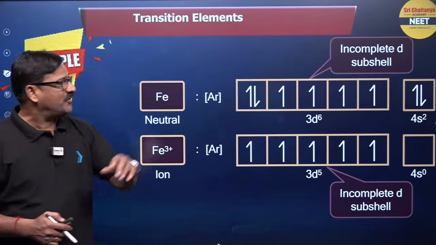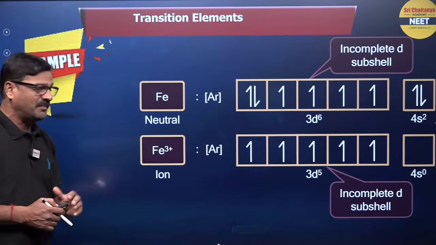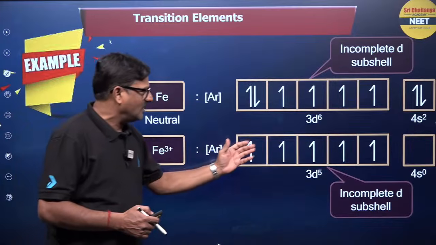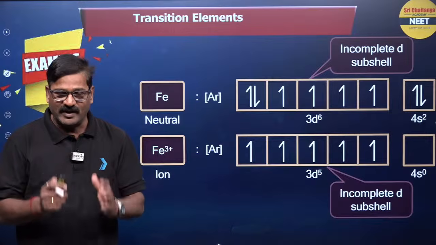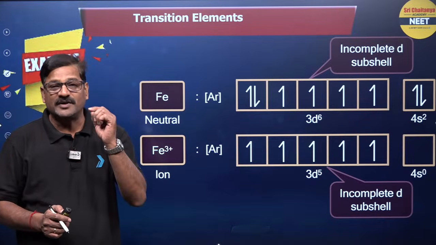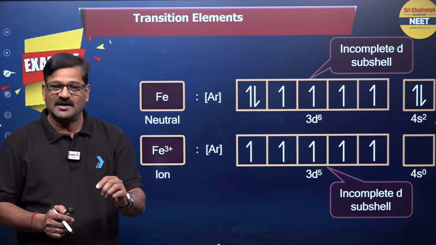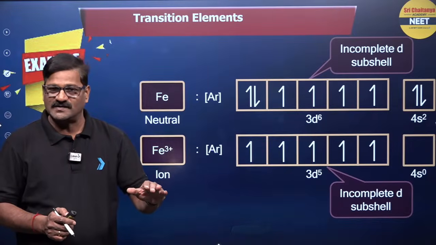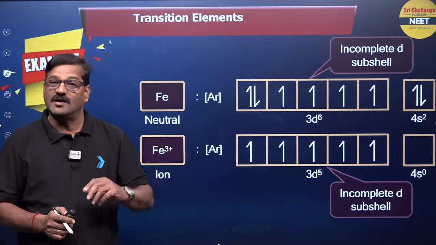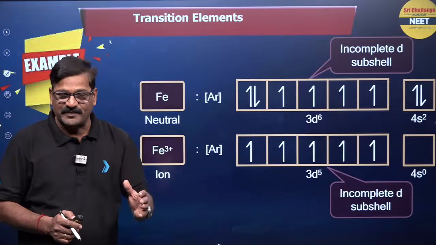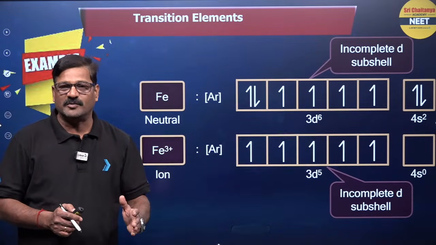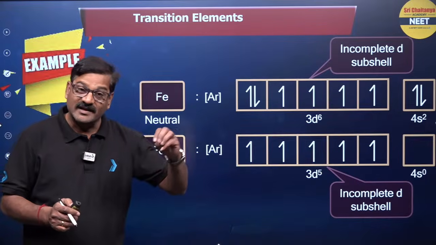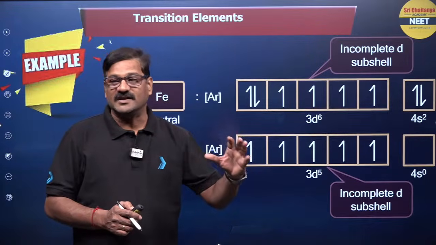Bacho, if you say Fe3+, it also has an incompletely filled D orbital. So the element should have incompletely filled D orbitals either in the ground state, meaning the normal electronic configuration, or else you can expect an incompletely filled D orbital configuration in any stable oxidation state.